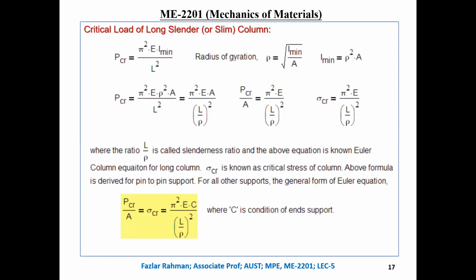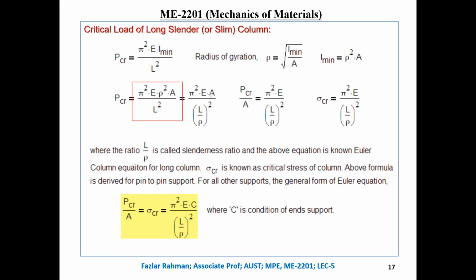Now, we can simplify this equation just by rearranging. Right over here, we have this equation. I minimum equals rho square A. So this I minimum we put over here, you replace I minimum by rho square A. So you get this equation: pi square E A, then L by rho square.